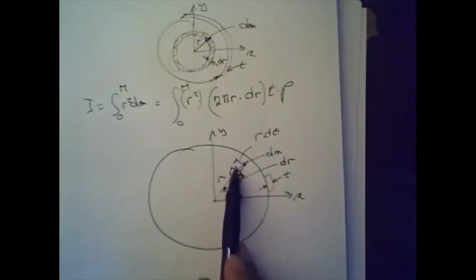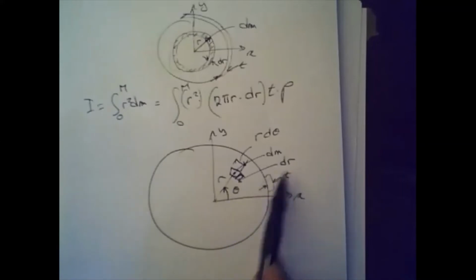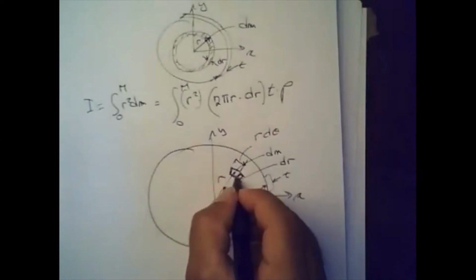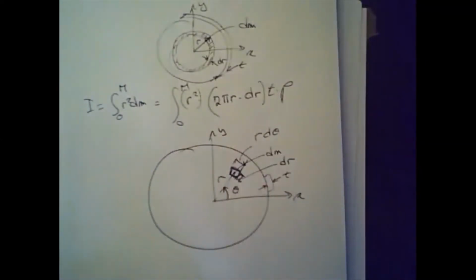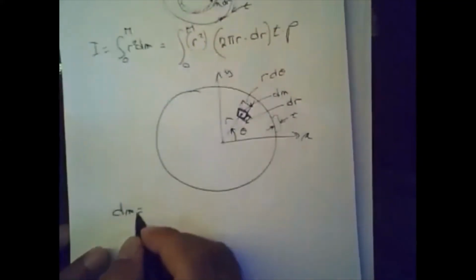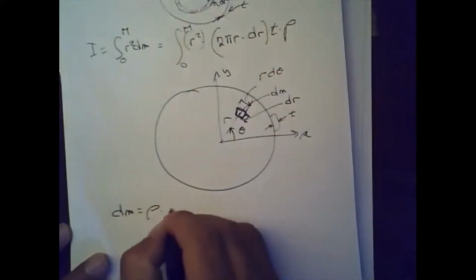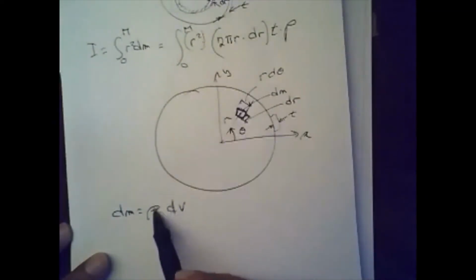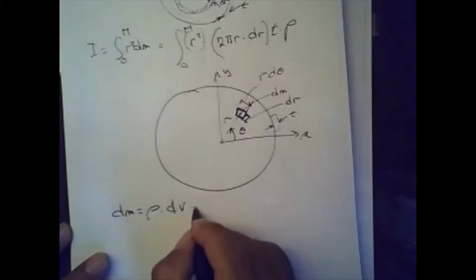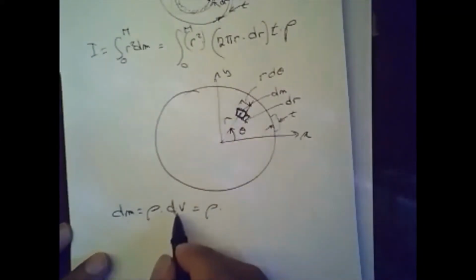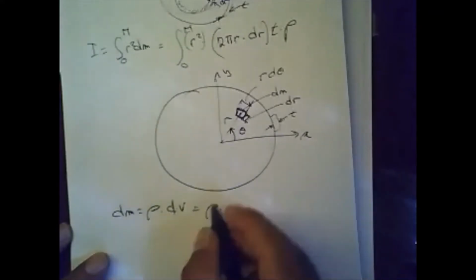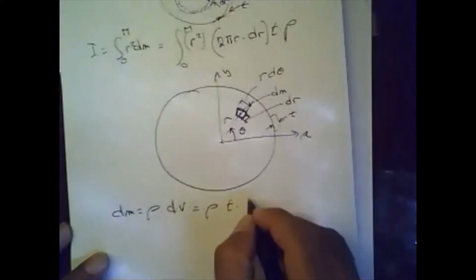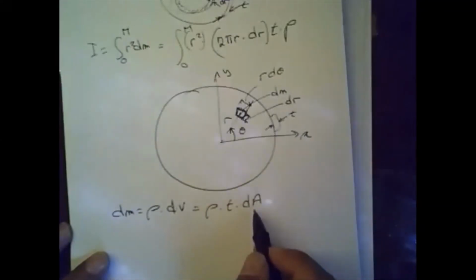So this length is r d theta, and this length is dr. What is the volume of this square-like element? The value of dm is equal to the density multiplied by the volume. The mass of this element is the density multiplied by the volume. So what is the volume? The volume is the area multiplied by the depth, so t multiplied by the surface area of this element.